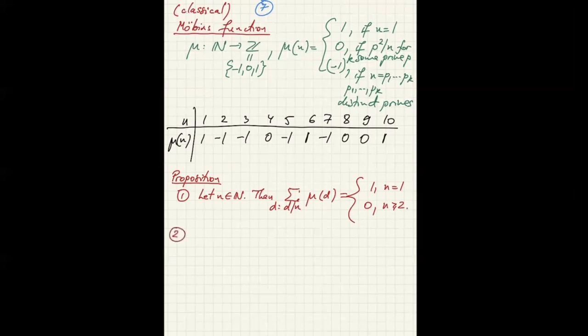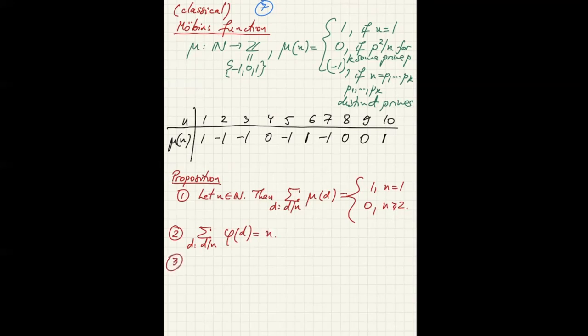And the second one is something similar, though it doesn't have the Mobius function in it, but we'll see to it. The second is that if you sum up, over d dividing n, the Euler totient function phi of d, we will actually get n.